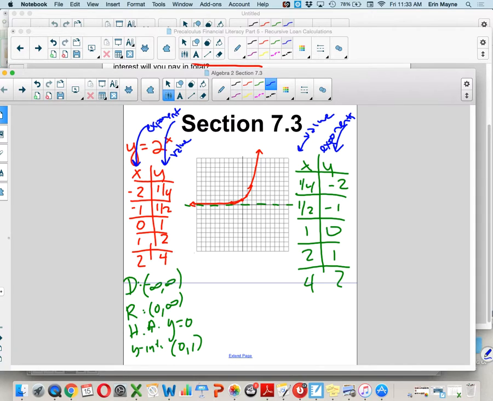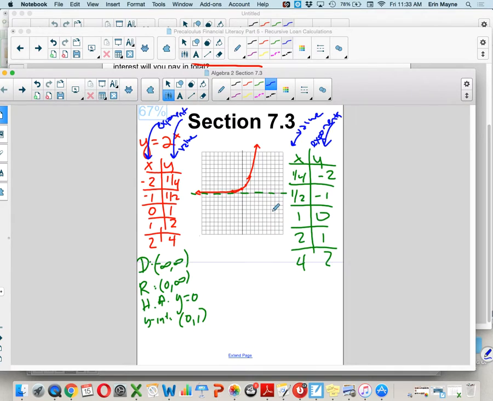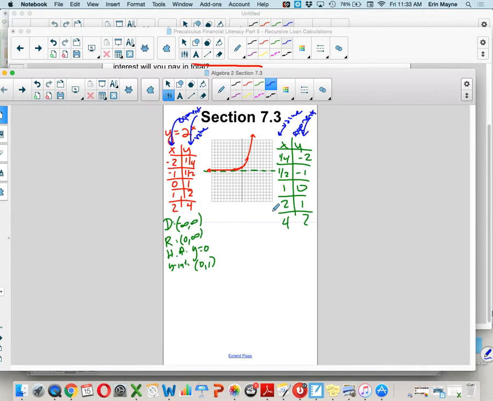Now, ironically, you're going to be surprised how, even though I might not have a picture of what this graph looks like, I actually know these characteristics. What is my domain? Think that through for a minute.